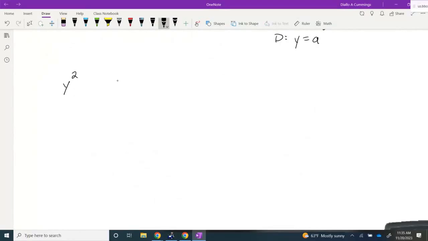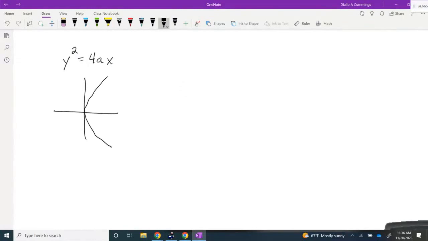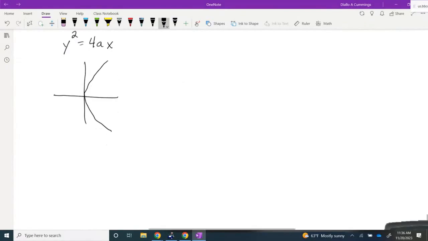So we have y squared is equal to 4ax. So notice this time the y is squared, and it's on the side of the equation by itself, and it's equal to 4ax. If this is your model form, your graph has a C shape. The vertex is (0, 0).